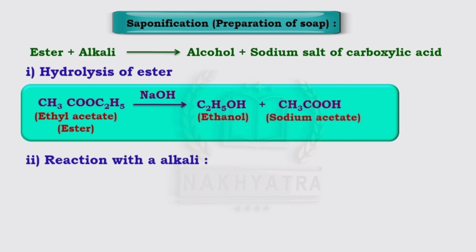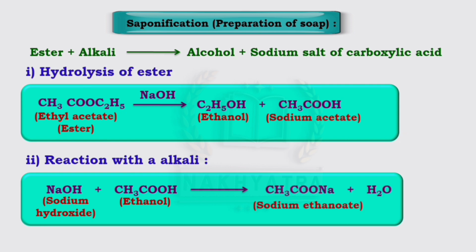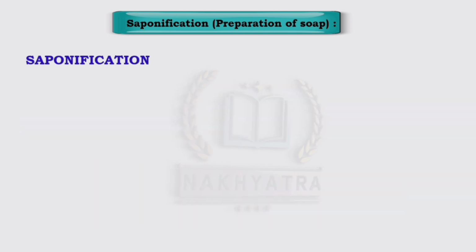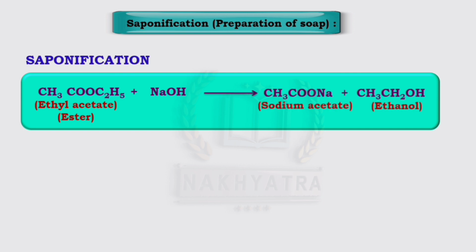Now next see the reaction with an alkali. Here the sodium hydroxide plus ethanol gets converted to sodium ethanoate plus water. Okay, now see the saponification reaction. When the ethyl acetate, that is an ester, is reacted with sodium hydroxide, it gets converted to sodium acetate plus ethanol.